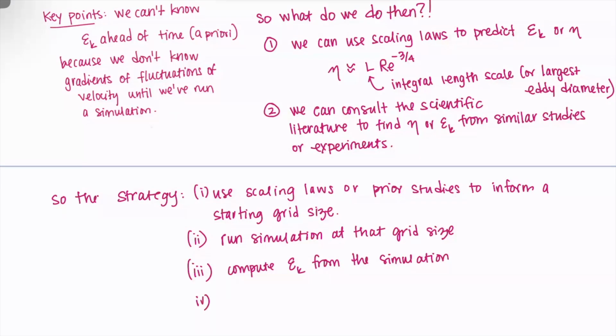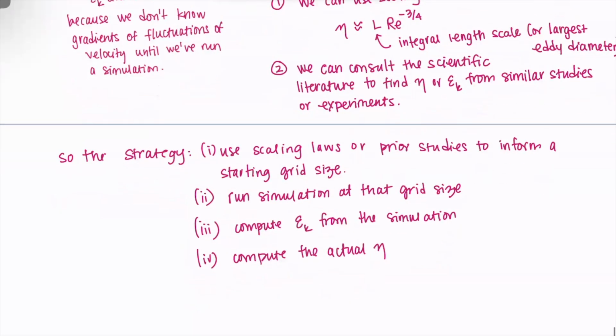Then you are going to compute the actual Kolmogorov length scale and compare it with your grid spacing.